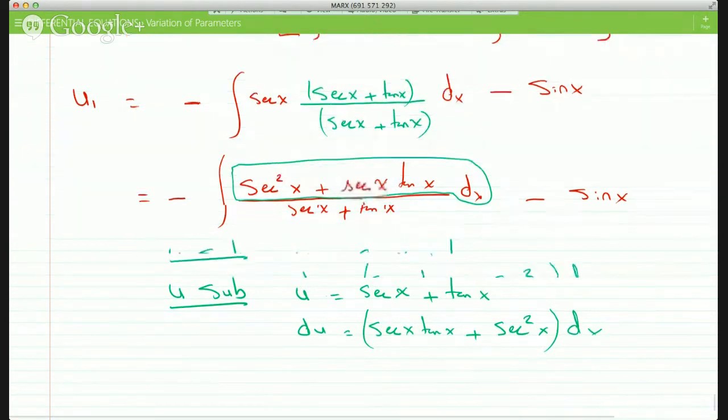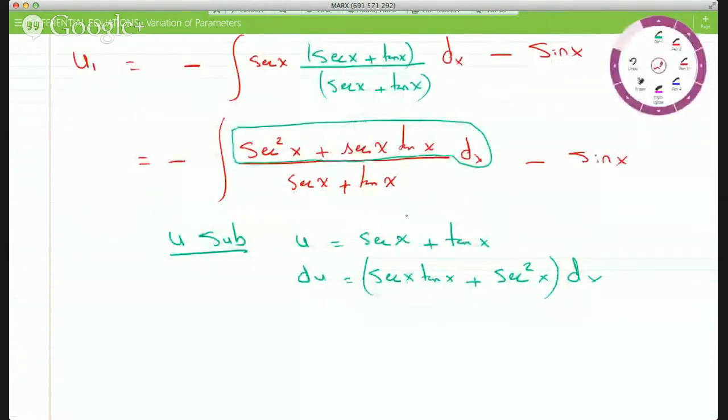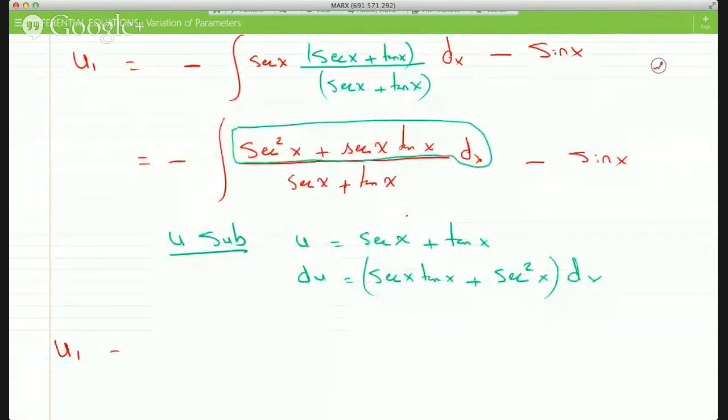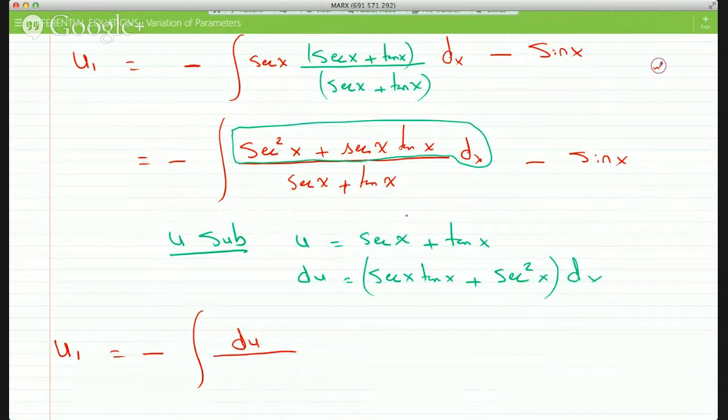So the integral now becomes, I'll go back to dark red here, minus the integral of du over u, and the next one we integrated, minus sine x, so we get ln u.